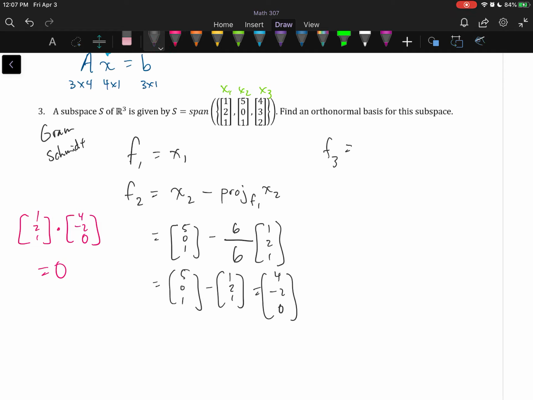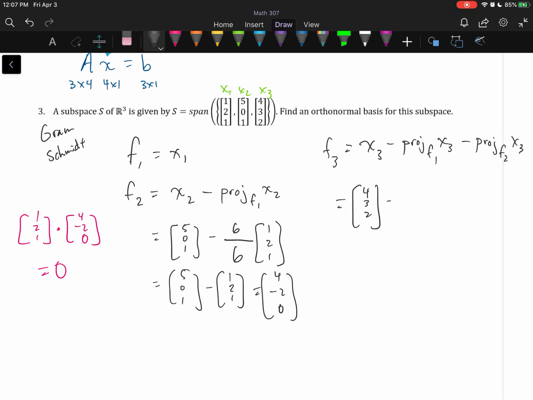Cool. And then the next one, we would take our third vector and subtract off its projection onto the first orthogonal vector and its projection onto the second orthogonal vector. So 4, 3, 2 minus its projection onto f1.